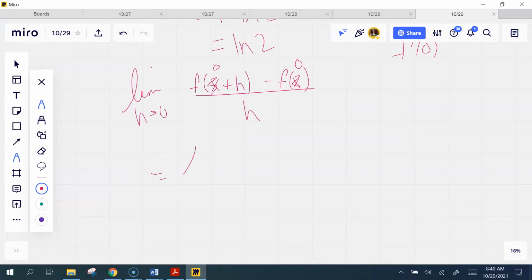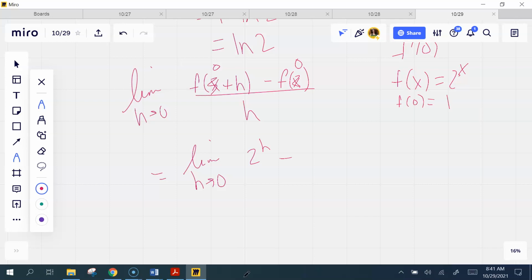And so I get the limit as h goes to 0. Well, f of 0 plus h is f of h, right? And remember, f of x is 2 to the x. So I've got 2 to the h minus, now what's f of 0?